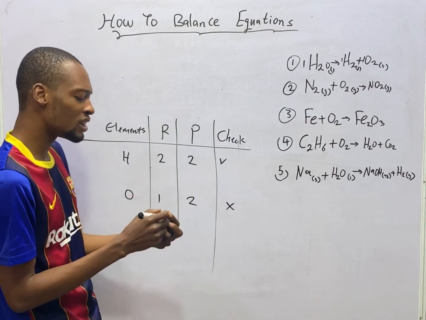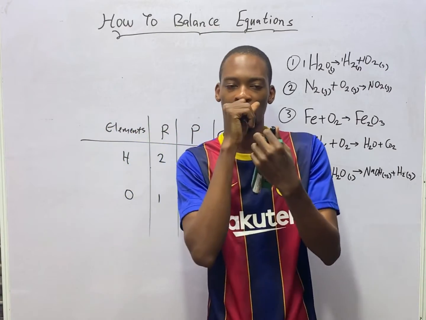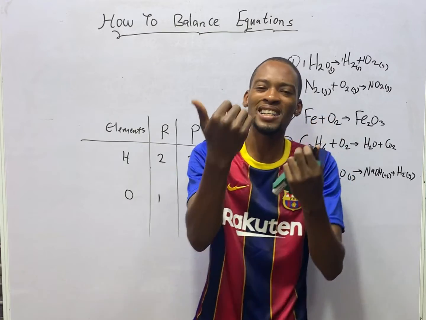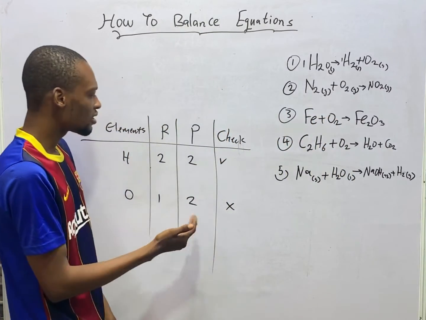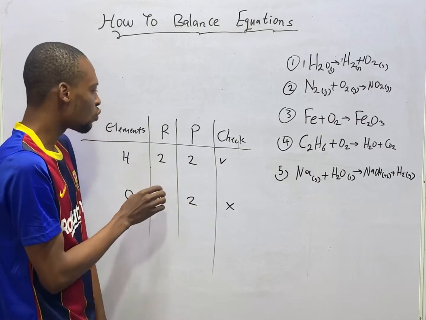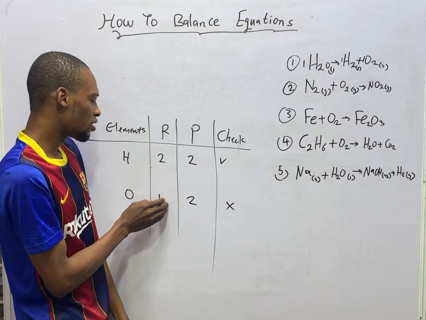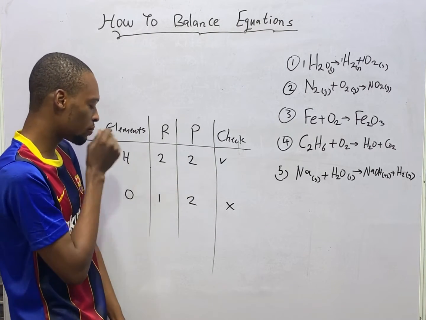So what do we do in this case? We try to balance oxygen. That is the reason it is called balancing of equations. So what do we do? Since the number of oxygen in the product is bigger than reactant, we try to increase the reactant to make the number of oxygen the same.